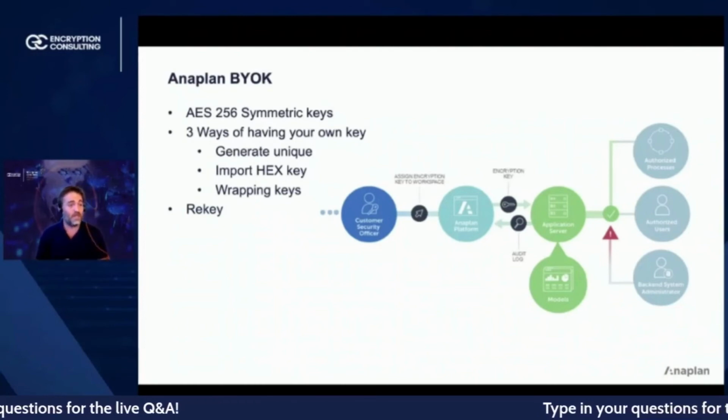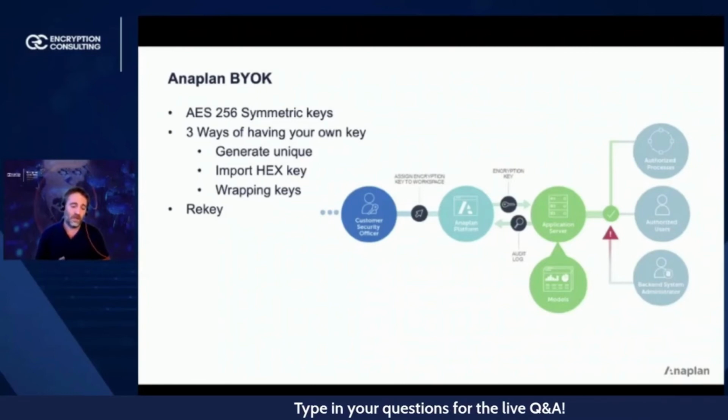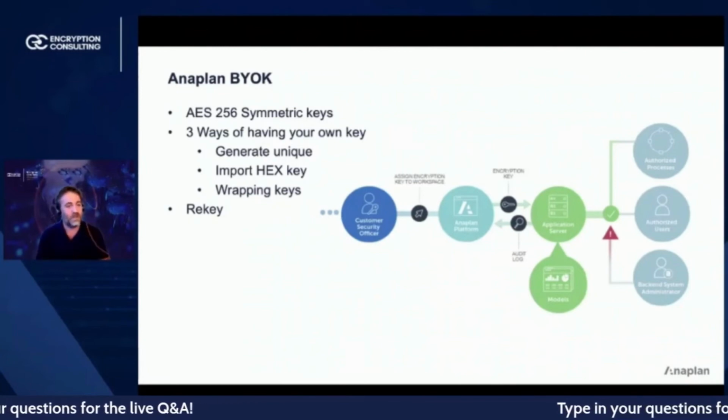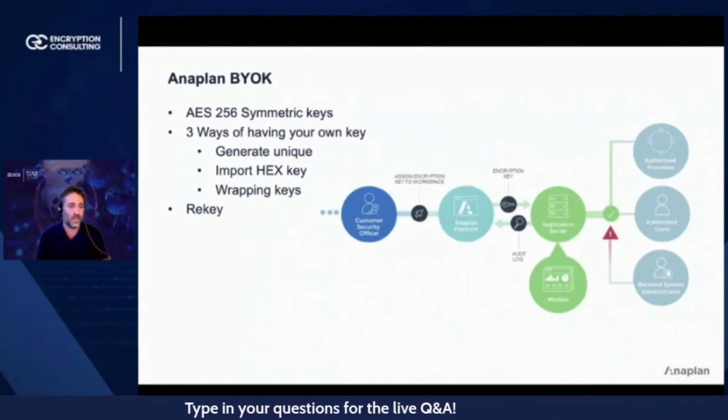So we give them the ability to tell us to generate a unique key for them. If they are familiar with a couple of open libraries to generate symmetric keys, they can do that and import a hex of the key into our system. But we definitely recommend the wrapping key functionality, and we give tutorials and step-by-step guides on how to use it.